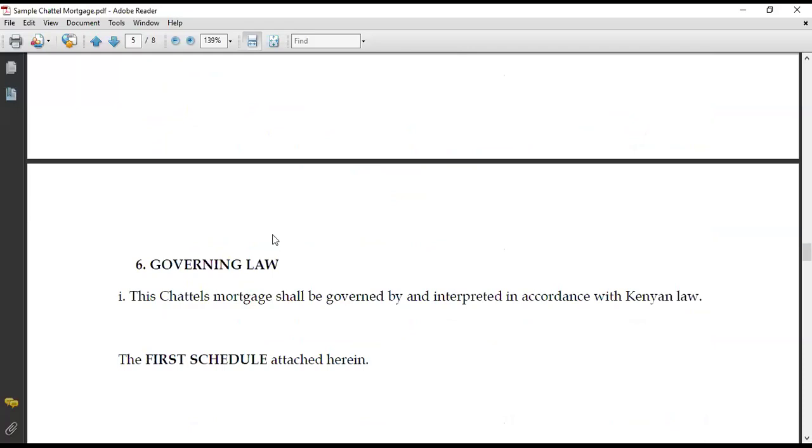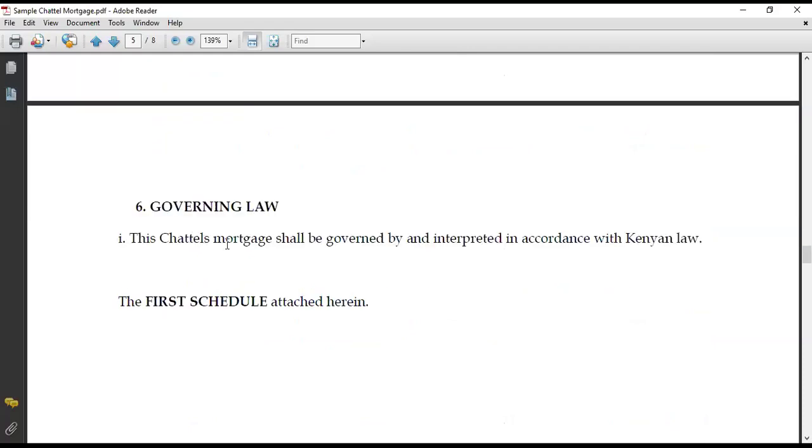Then governing law. The governing law is the Movable Security Rights Act.